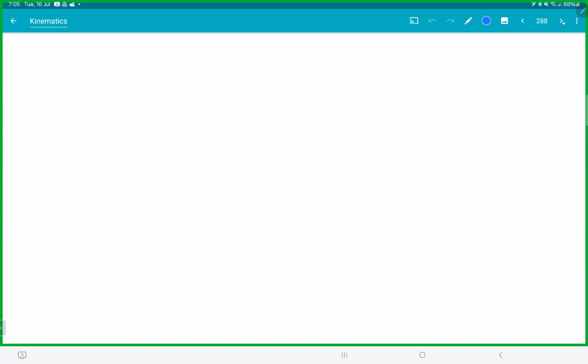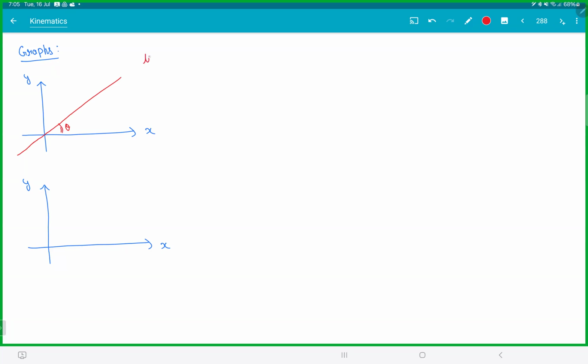Now, let's see. Before jumping into this part, let me show you some graphs. If you have a line passing through the origin, the equation is y = mx. m is nothing but tan theta, the slope.